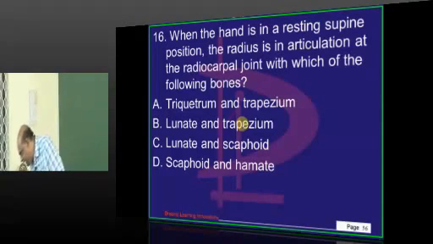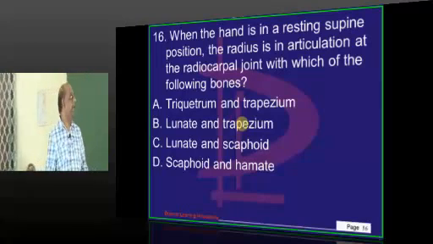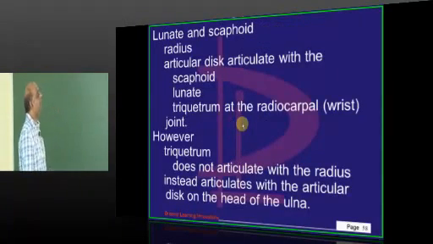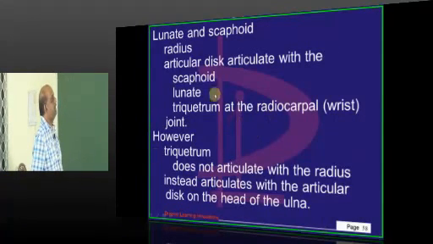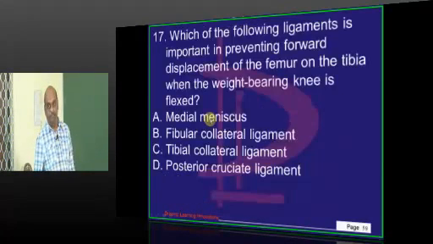Question number 16. Kohima, Davangere, Tirupati, Guntur, everyone says lunate and scaphoid, which is true. Typically, along with the articular disc, the radius will articulate with scaphoid and lunate at the radiocarpal joint, and the disc with the triquetrum.